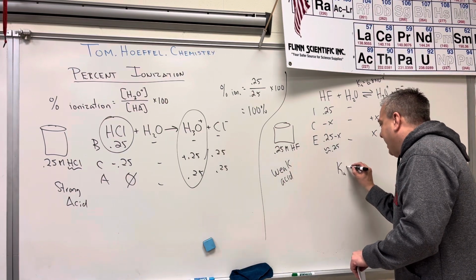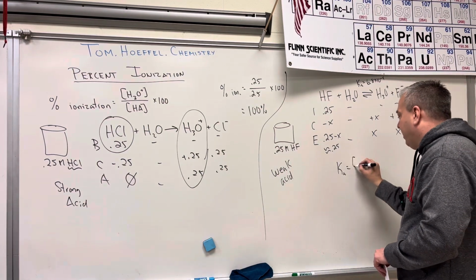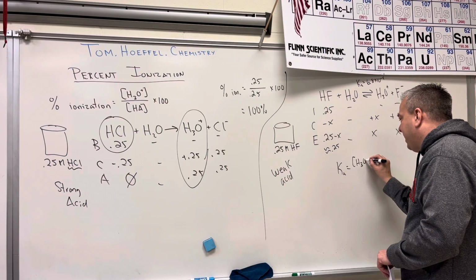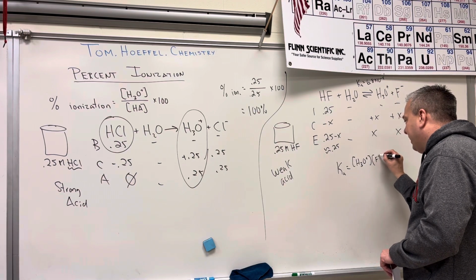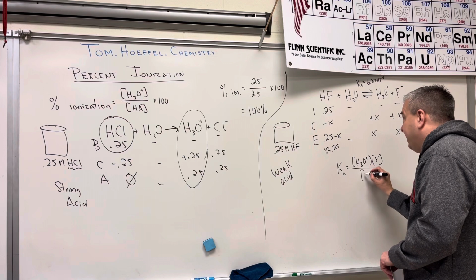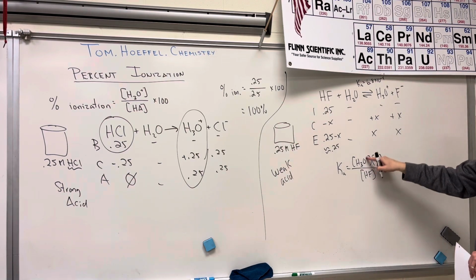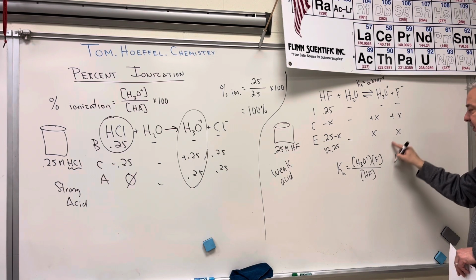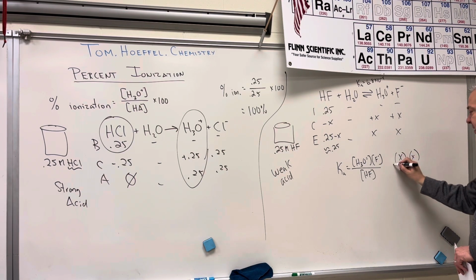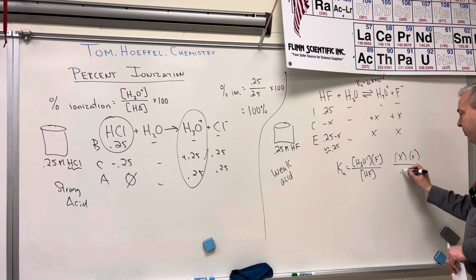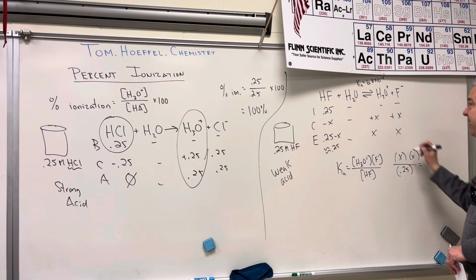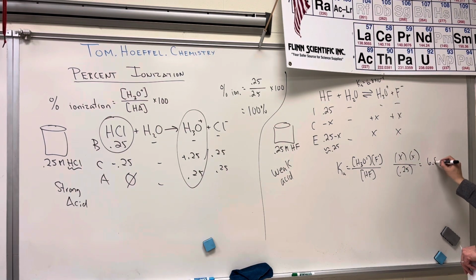So Ka is going to be equal to the hydronium ions times the fluoride ions divided by the hydrofluoric acid. And I just plug everything in. This is equal to X. This is equal to X. And this is equal to 0.25. Okay, and that's all equal to 6.8 times 10 to the negative 4, okay?